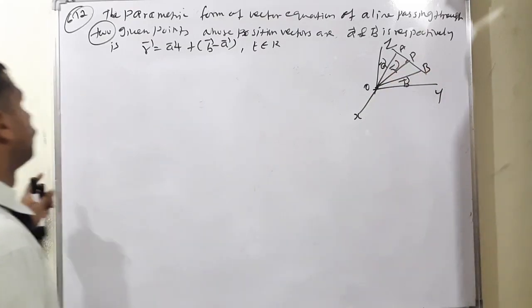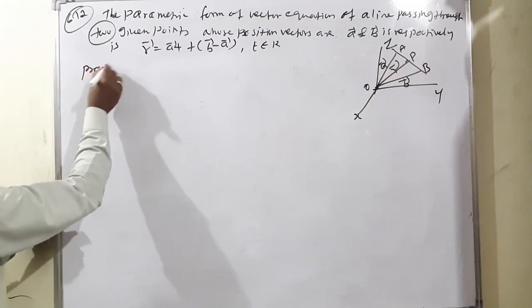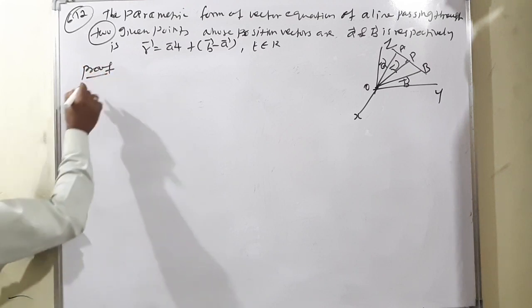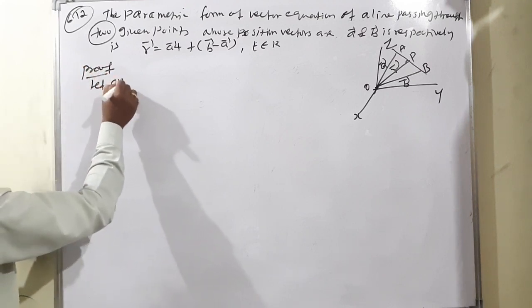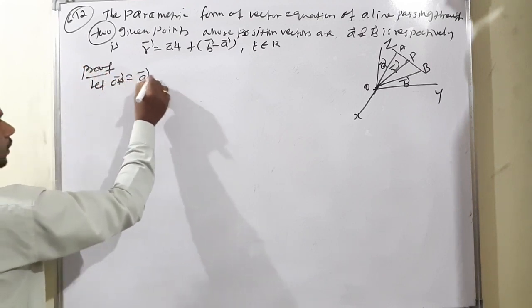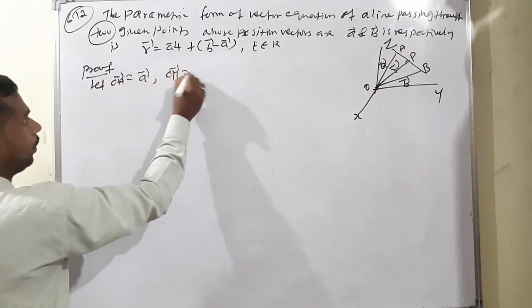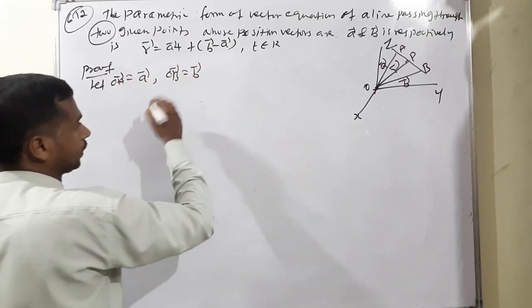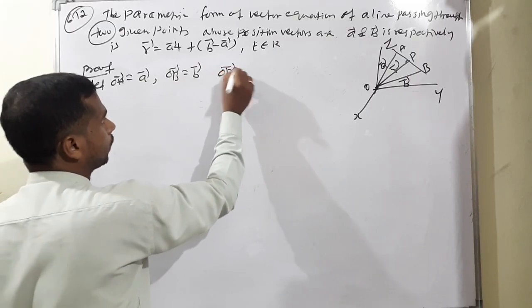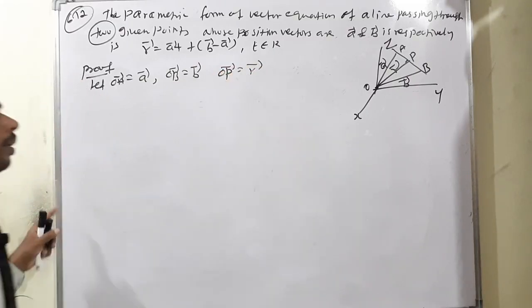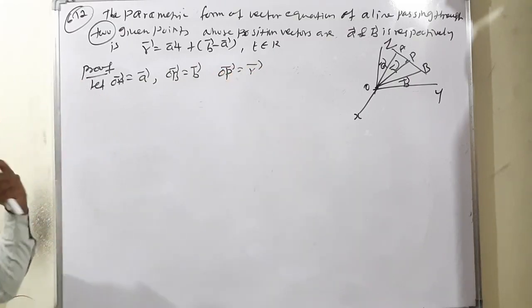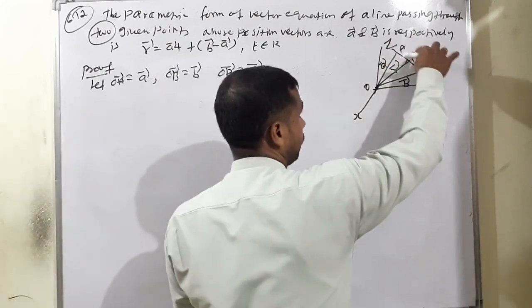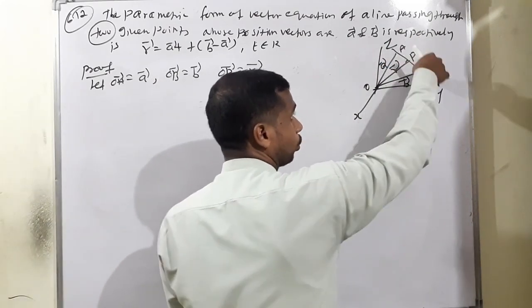Okay, so the proof. Look at there. Let OA vector consider for A vector, then OB vector consider for B vector, then OP vector is equal to R vector. Now according to the condition, look at there, AP vector and AB vector are collinear.